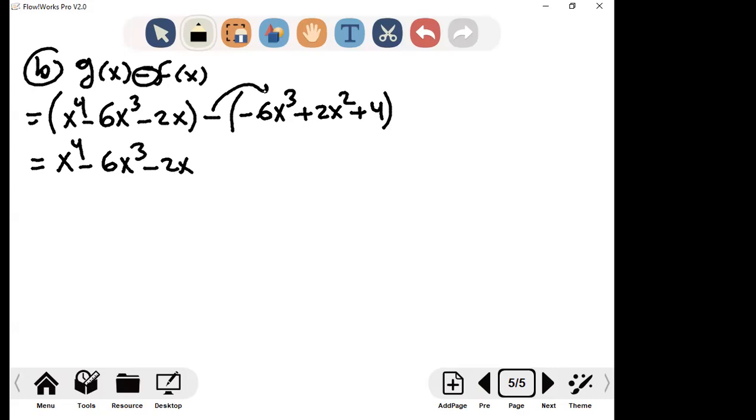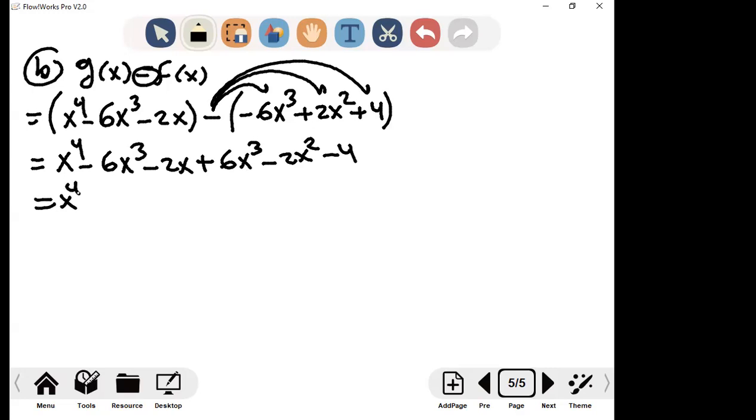Now distribute this minus: minus minus is plus 6x power 3, minus 2x power 2, minus 4. Now search for like terms and combine them. We have only x power 4. For x power 3, negative 6 plus 6 is 0, right?